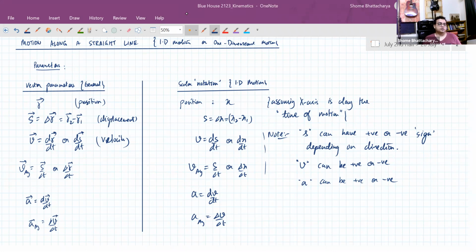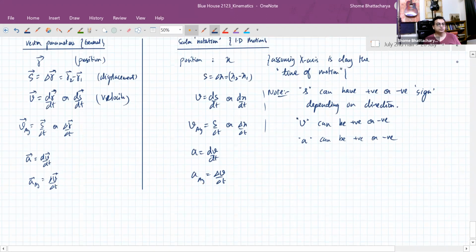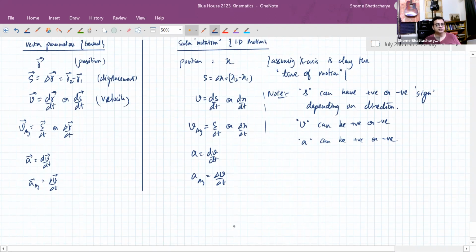Okay. So before we move further, you understand that these quantities are still vectors, but they have only two possible directions, plus and minus. Hence, we don't need to use the unit vector notation, just the algebraic sign is enough.